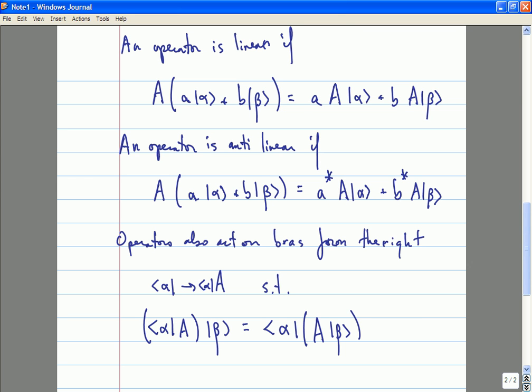Okay. So we will often drop the parentheses and just denote this as alpha A beta.